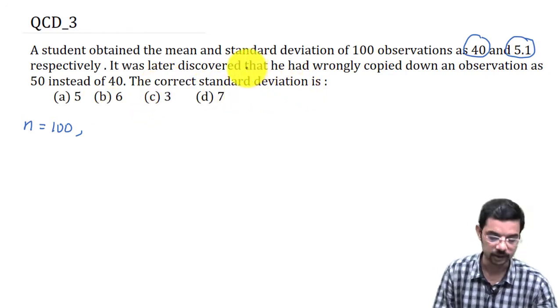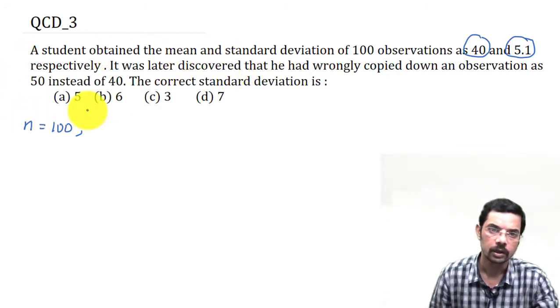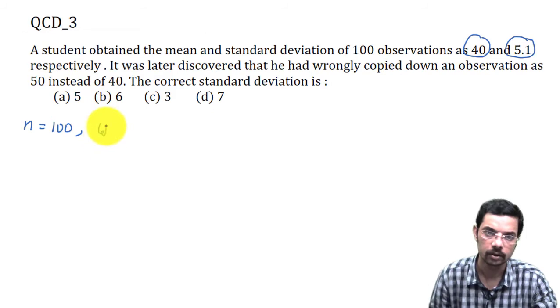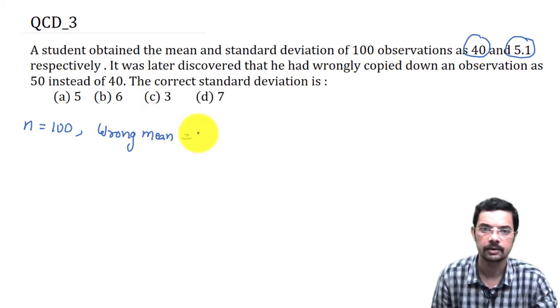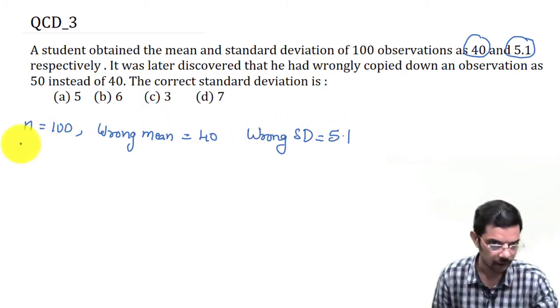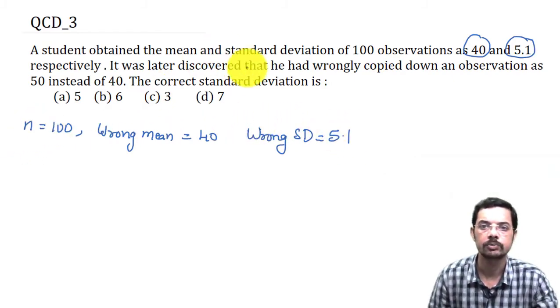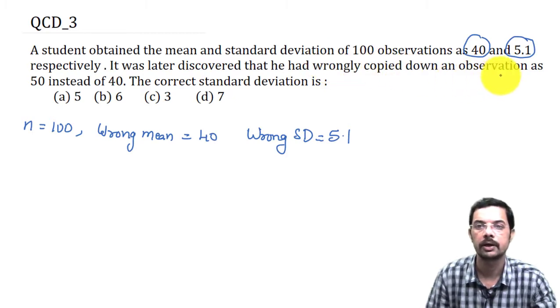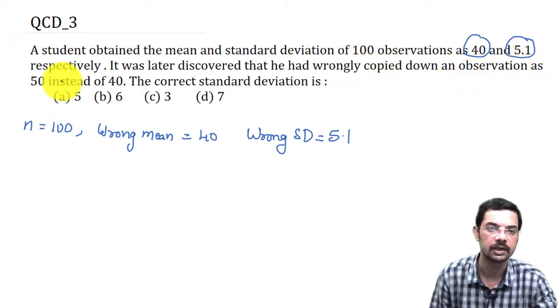So how to find this? Here we have the wrong mean, wrong x bar, and that is equal to 40, and the wrong SD, wrong standard deviation, is equal to 5.1. He had wrongly copied down an observation as 50 instead of 40.